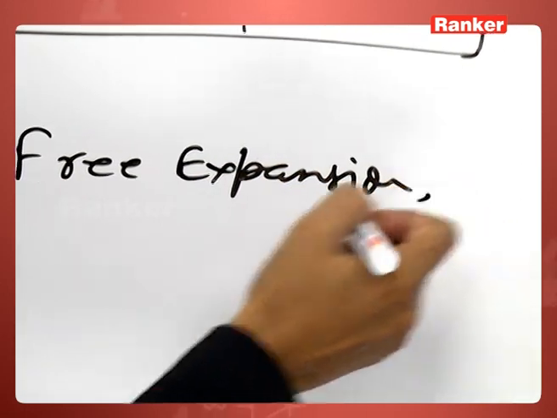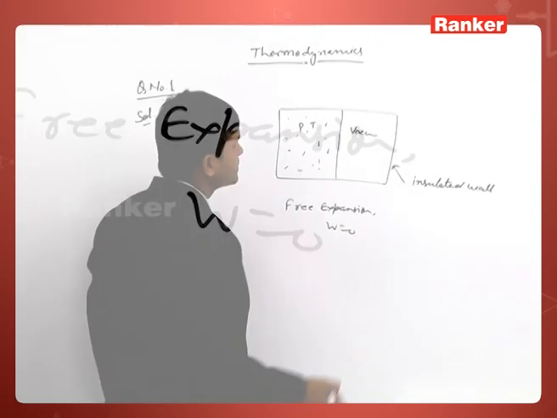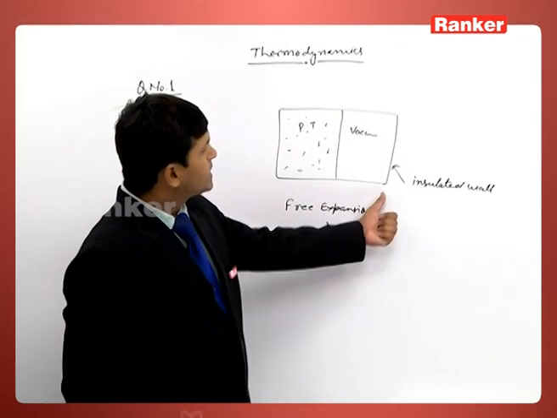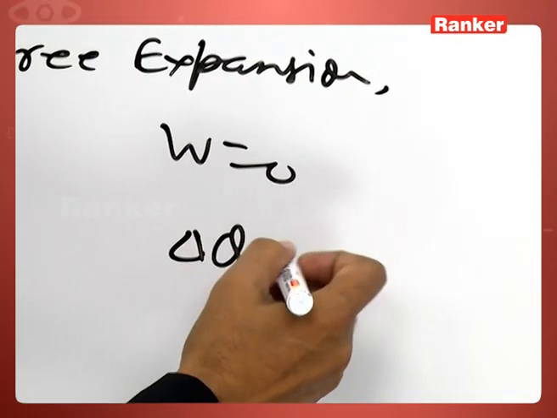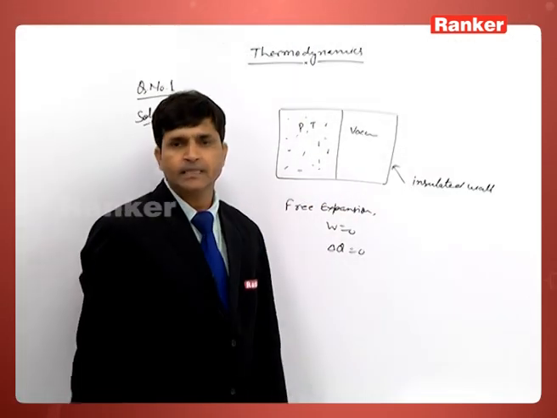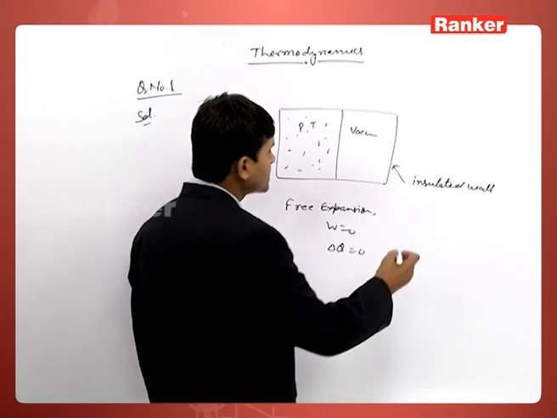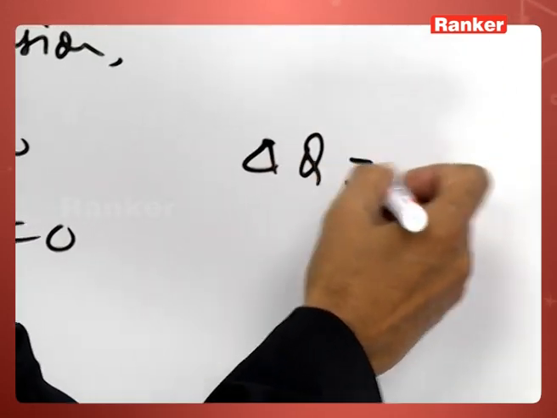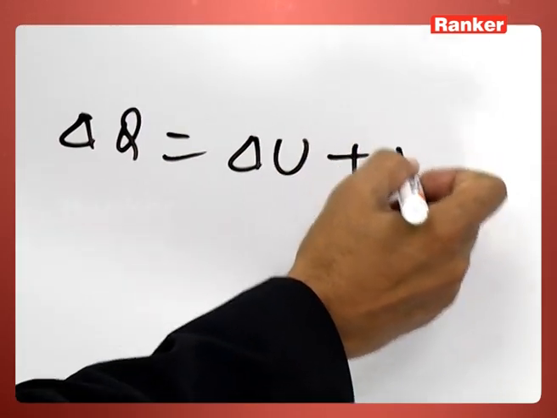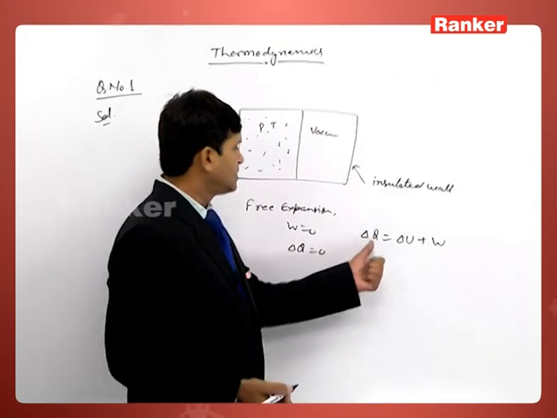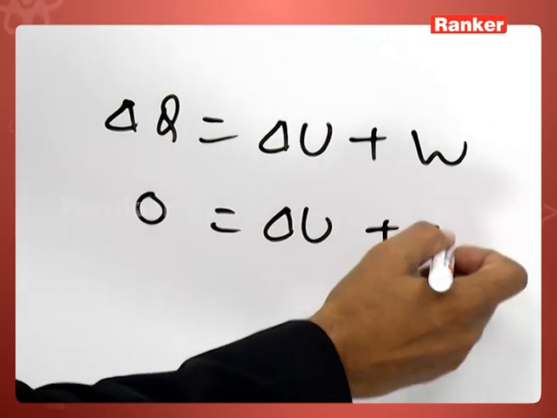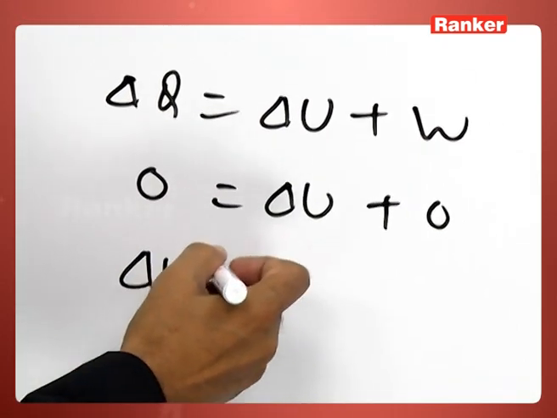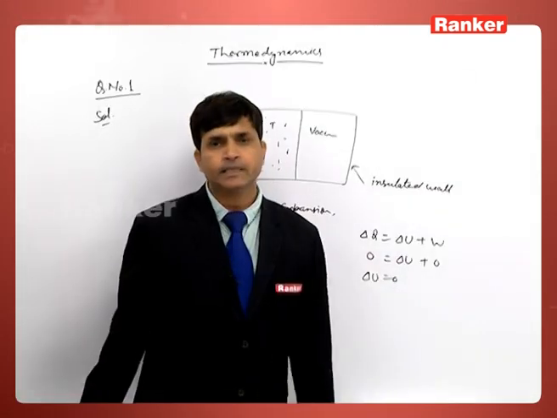In free expansion, work done is zero, and since it is completely insulated, there is no supply of heat. So as per the first law of thermodynamics, this is our equation. Here delta Q is 0, work done is also 0, so change in internal energy is 0.